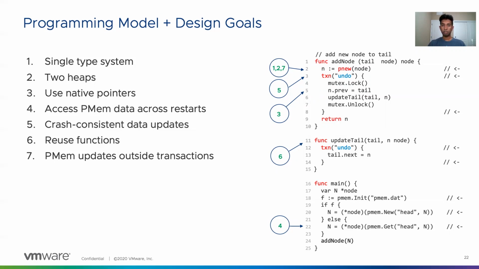Functions in GoPmem can be called with volatile and persistent memory arguments. Additional overhead to enable crash-consistent updates is incurred only for pmem-resident arguments. GoPmem provides easy access to pmem data after a restart. Lines 20 and 22 show how a named object can be created and retrieved.